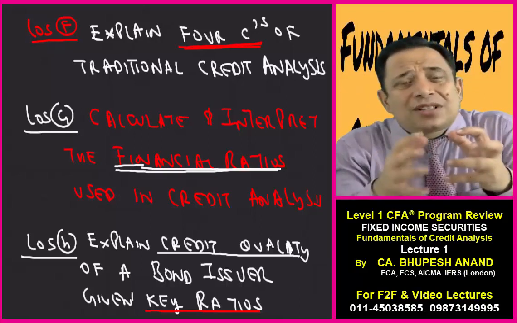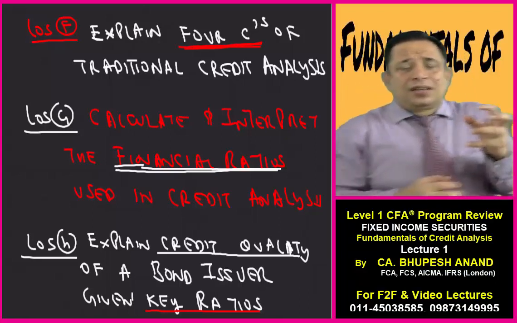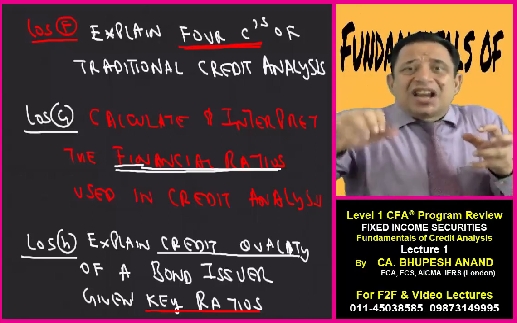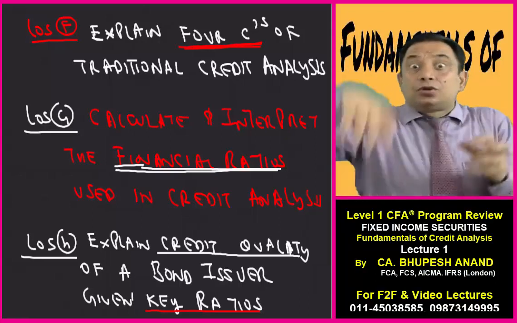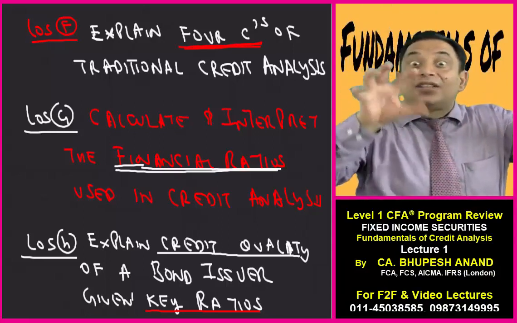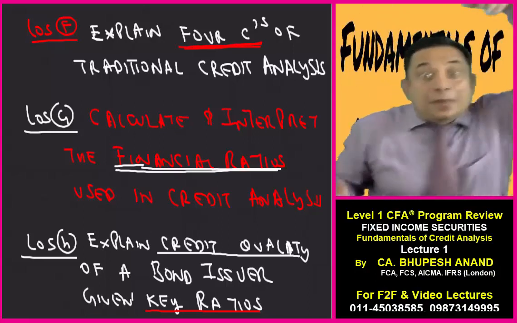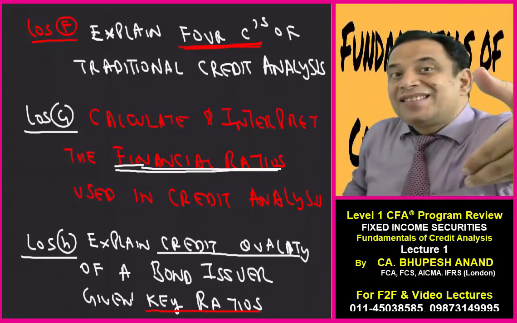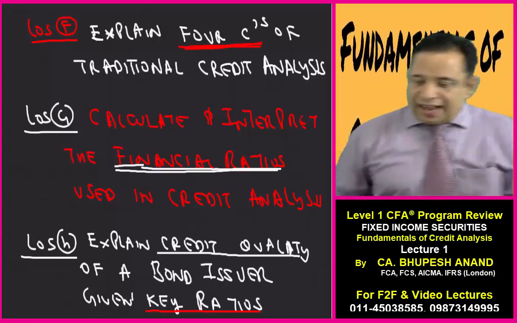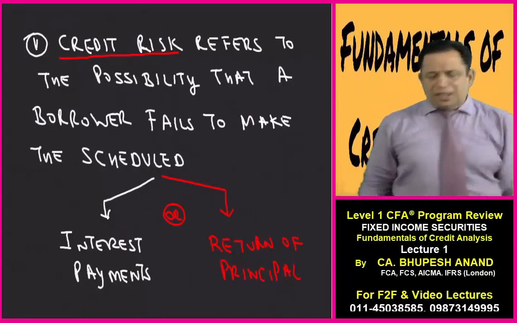Just like a human being, where a doctor checks blood pressure, the sugar level, diabetes level, ECG, heart level, kidney function level, so that the doctor can analyze the human body properly and diagnose the problems. Similarly, with the CFA, an analyst can diagnose a problem by financial ratios and the credit quality. So we will be doing all this. So let's start the journey.